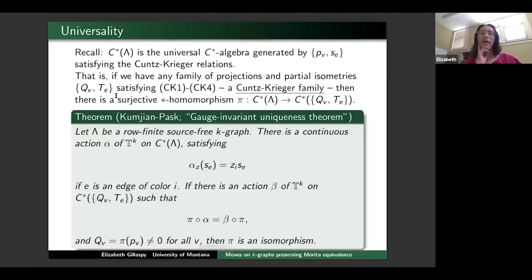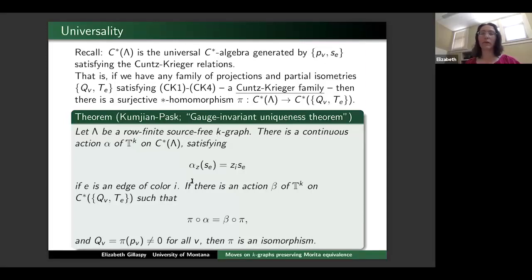And this is a really useful tool for proving the sorts of Morita equivalence results that we're going to be getting later, in particular because of the gauge invariant uniqueness theorem that Kumjian and Pask proved in their first paper on K-graph algebras. They proved that, first, you've always got a natural action of the K-torus on C-star lambda, if lambda is a K-graph. Again, K is supposed to be the same integer here.